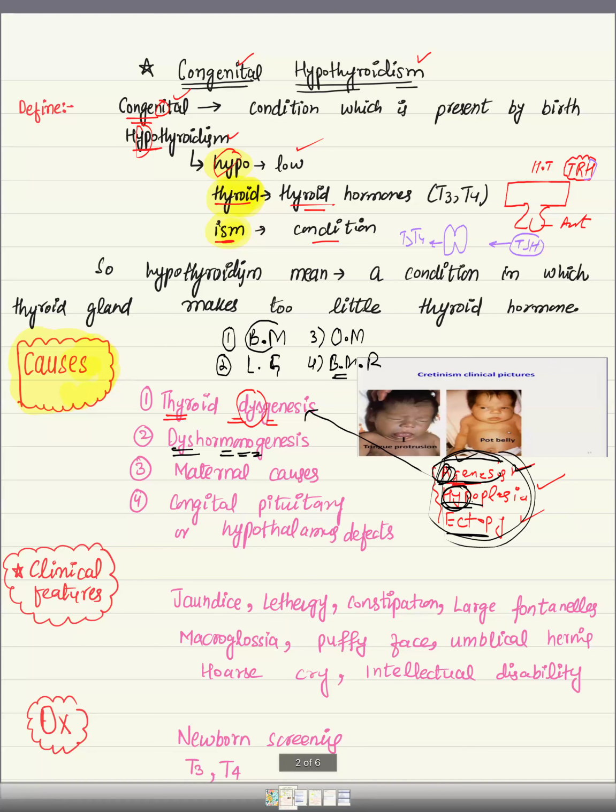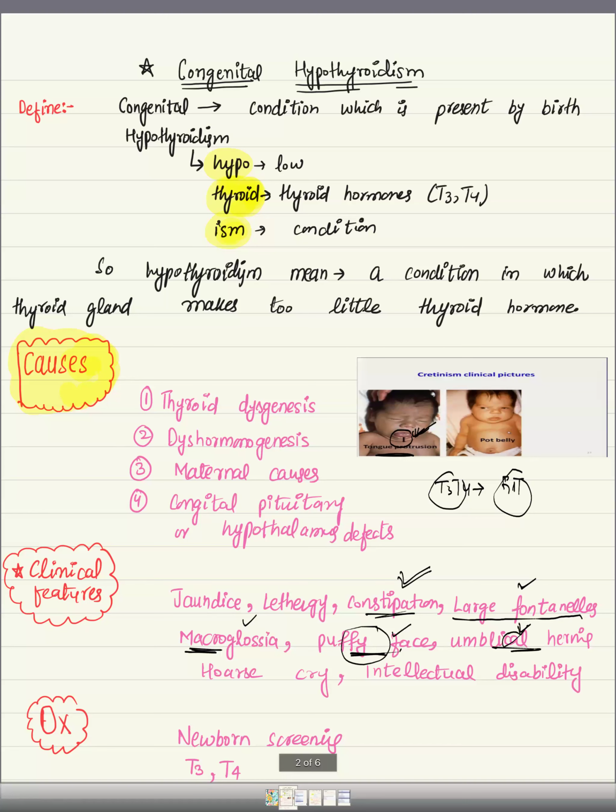Then we have the umbilical hernia, a very, very important point. First of all, we have to understand why the baby is going to have this umbilical hernia. So just remember, abdominal wall muscles: if you want to have good abdominal wall muscles, you need T3 and T4. So when hypothyroidism occurs, the abdominal wall muscle tone is going to decrease. It will lead to hypotonia.